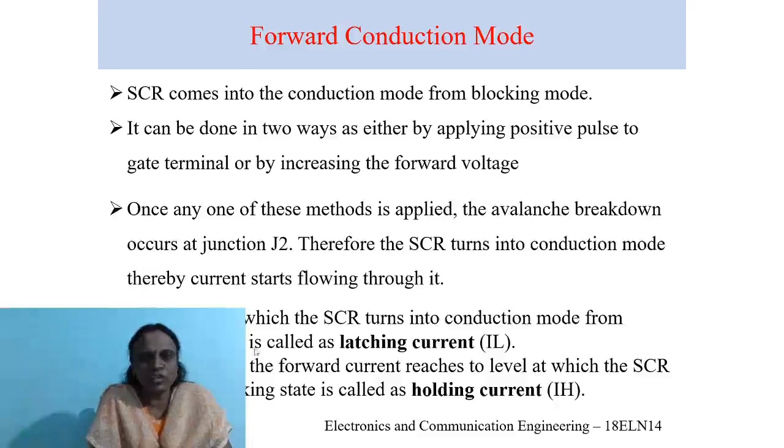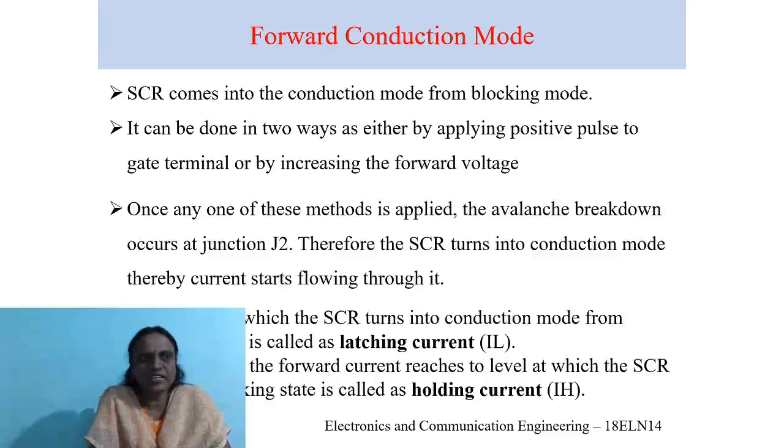Another current is also available, namely the holding current. When the forward current falls to the level at which the SCR returns to the blocking state, it is called the holding current. Hence, these two currents, IL and IH, that is latching current and holding current, are very important.